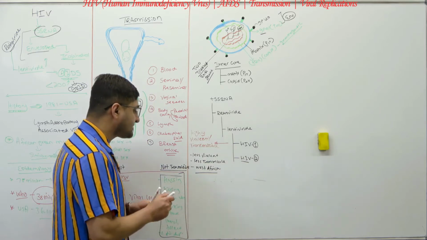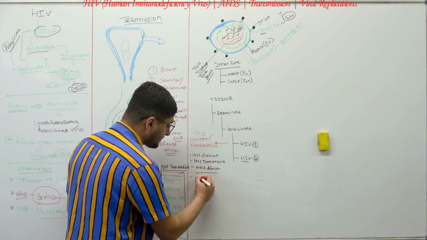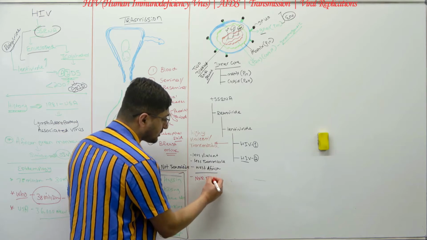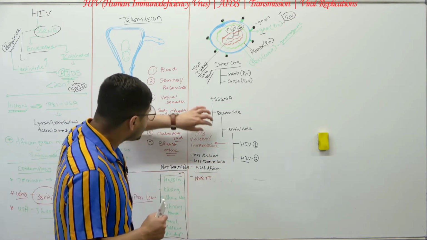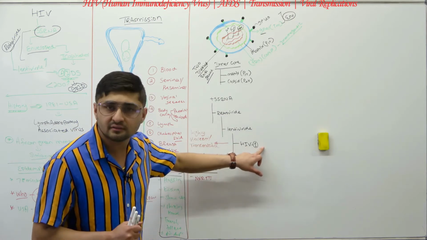Also, the drugs that we have made, like the nucleoside and non-nucleoside reverse transcriptase inhibitors, do not actually work well because we designed those drugs to target the HIV-1 type.